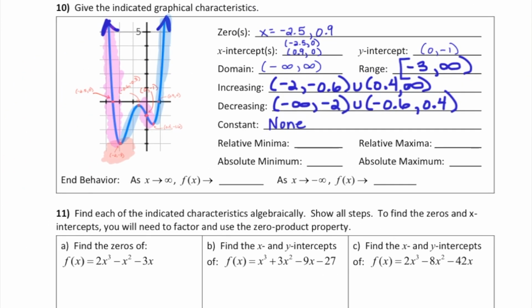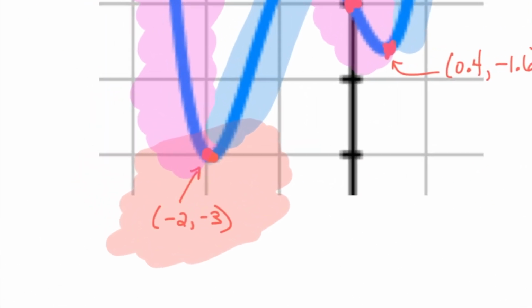Anyway, remember the difference between the words relative and absolute, and we'll talk about those more on the next page, in fact. But relative is the idea of local, that right here I have a relative minimum because there are points to both sides of that -2, -3 that are above it.